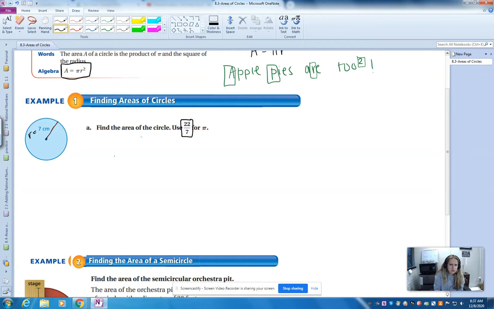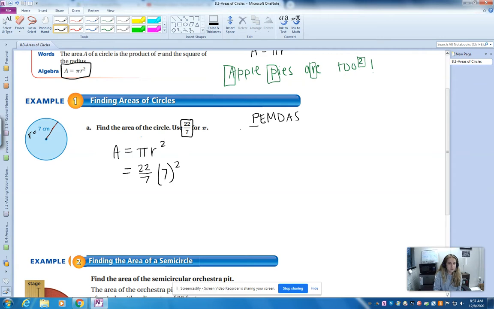And remember, area of a circle is, well, apple pies are 2. So it's A equals pi r squared. They want us to use 22/7 for pi. So I'm going to write 22/7 times my radius is 7 squared. Okay, so we always need to do the exponents first because if you think about PEMDAS, okay, well, first it's parentheses.